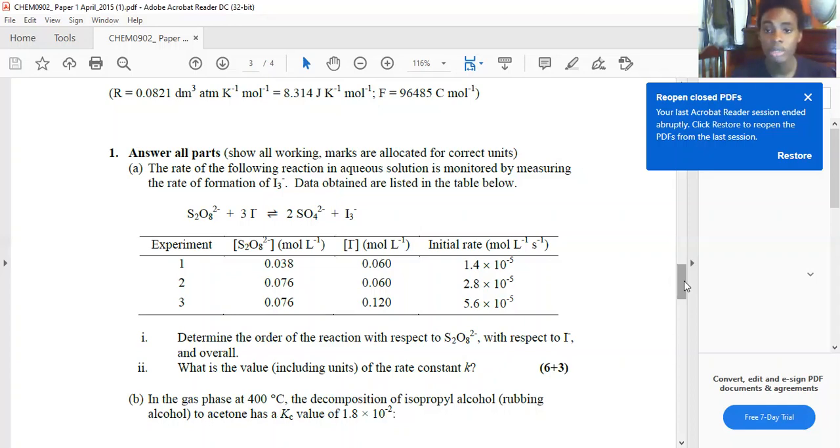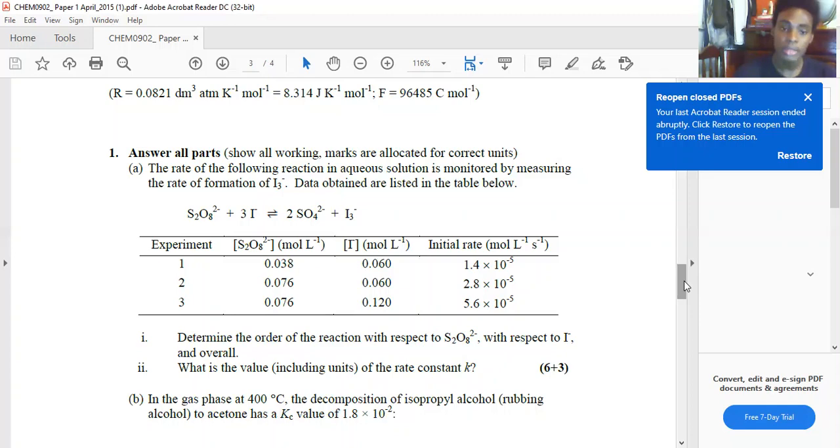And if you multiply the initial rate of reaction, 1.4 exponential to the power of -5, by 2, you would get 2.8 exponential to the power of -5, right? That means it's a first order reaction, right?